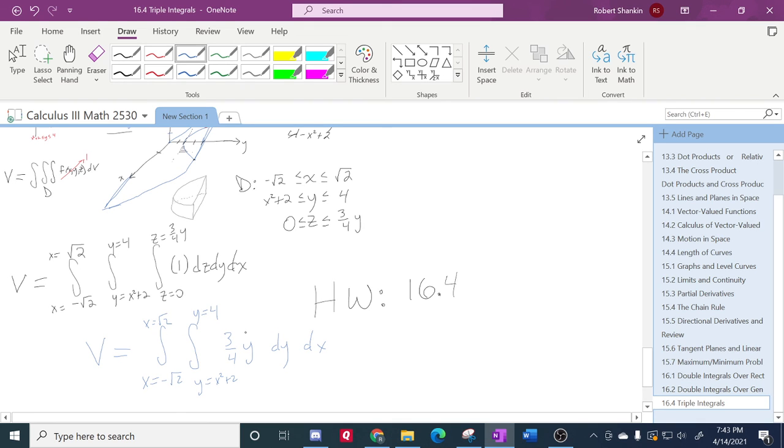If you did this very first one right here, you're just going to get the integral of 1 dz is z, subtract these limits, and you're just going to get 3/4 y, and this is going to be the next step when you do this integral, which is the same thing.